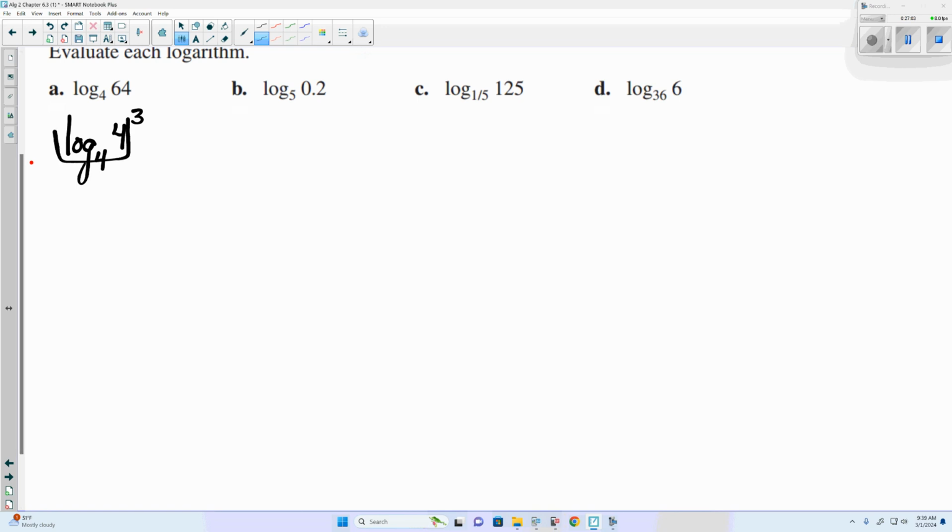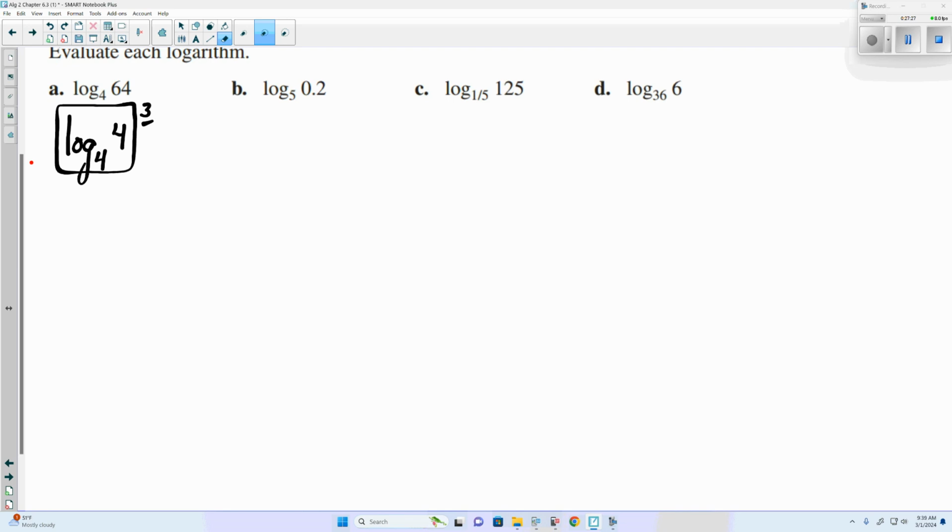So this part here, helps if I move this 3 over just a little bit. This here, log base 4 of 4. Log base 4 of 4 is what? 1. So this here is 1. Well, how many of them do we have?